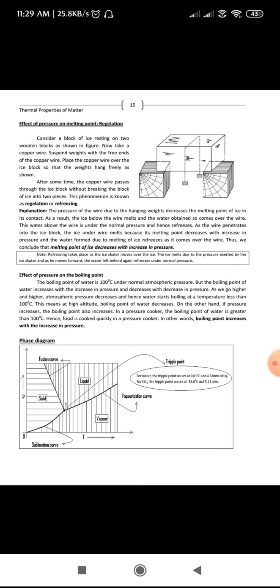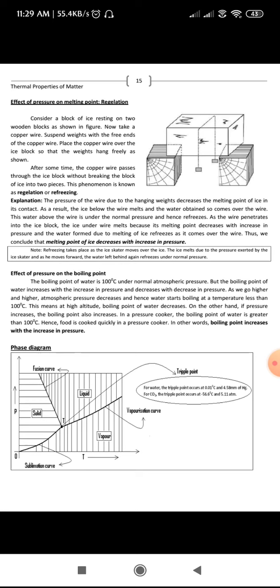Coming to the explanation, I'll just read out. The pressure of the wire due to the hanging weights decreases the melting point of ice in its contact. As a result, the ice below the wire melts and the water obtained comes over the wire.